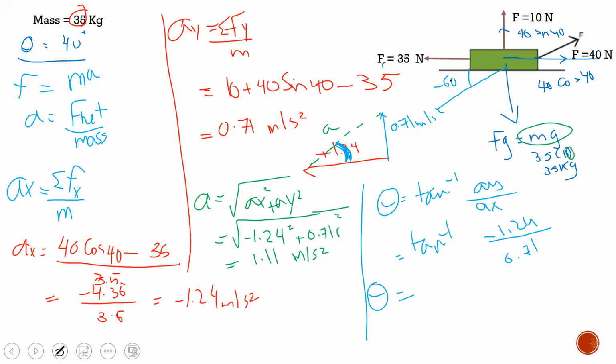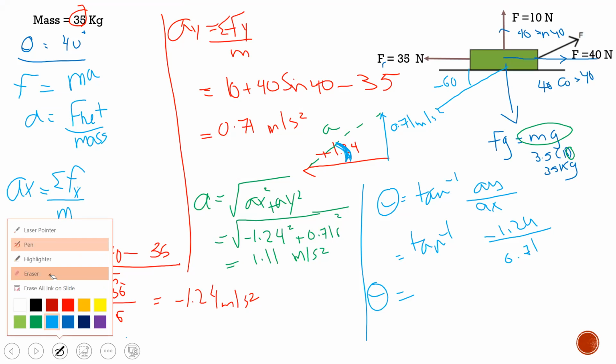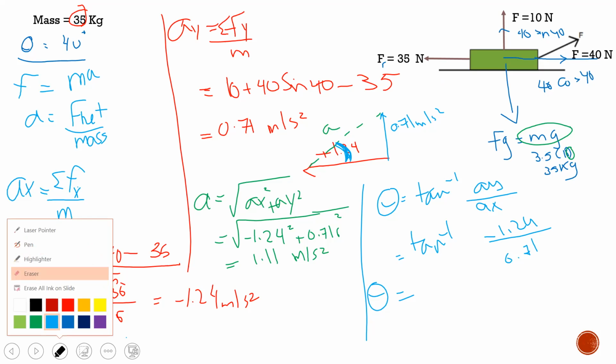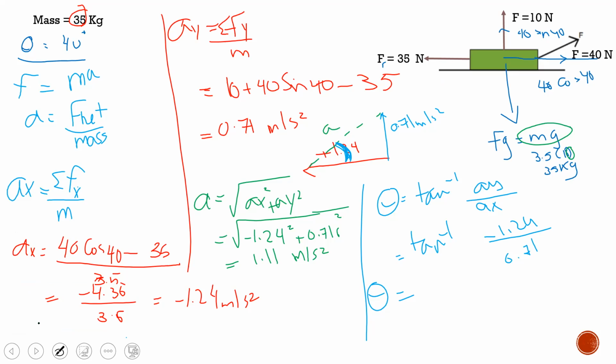That means it is 180 minus 60. No, sorry, it is not in the second quadrant... it will be in the second one.